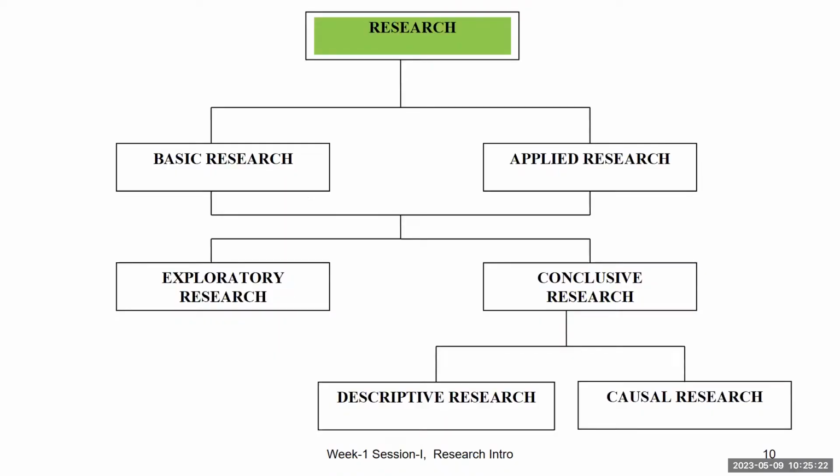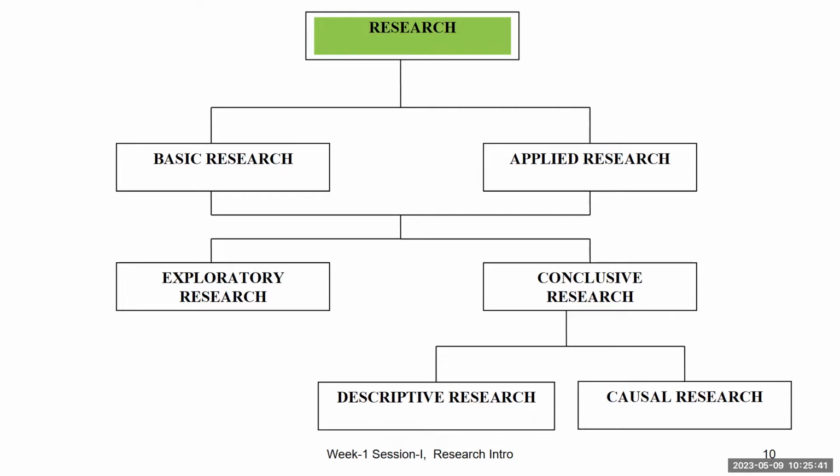Now let us first discuss the types of research in this tabular form. As you can see from the exhibit, in one way we can classify research into basic research or applied research. In another angle, we can classify research as exploratory research, where we do not have much earlier insight, or conclusive research if we have some insights or inputs.